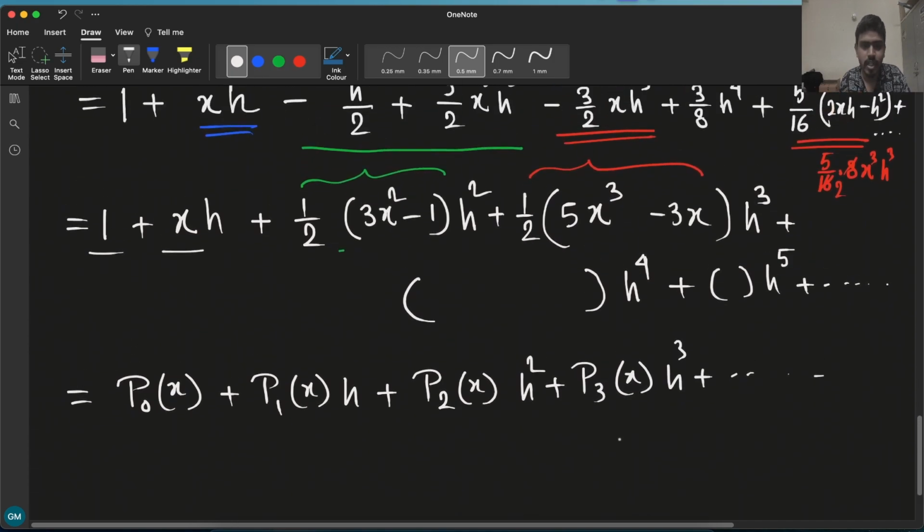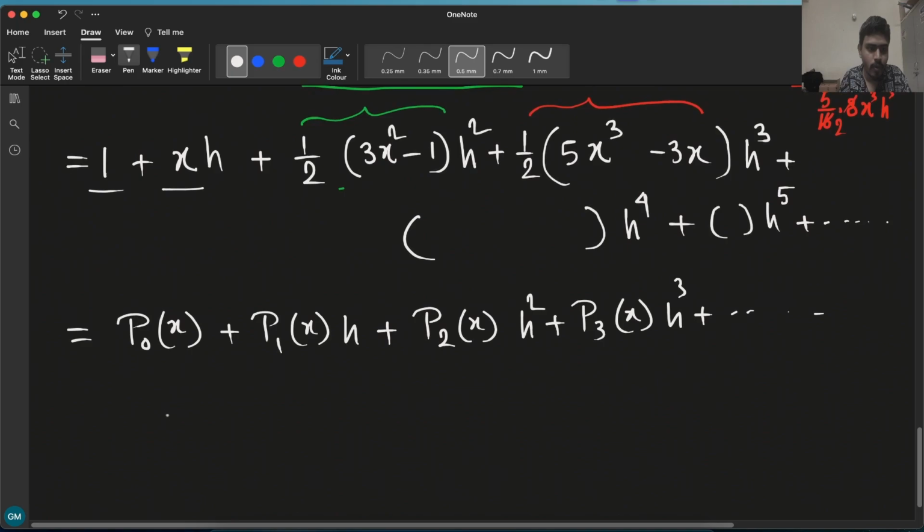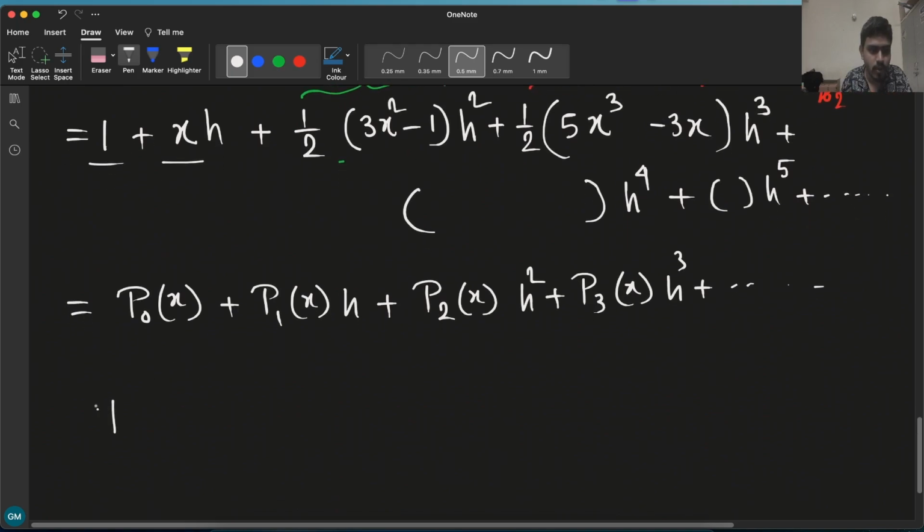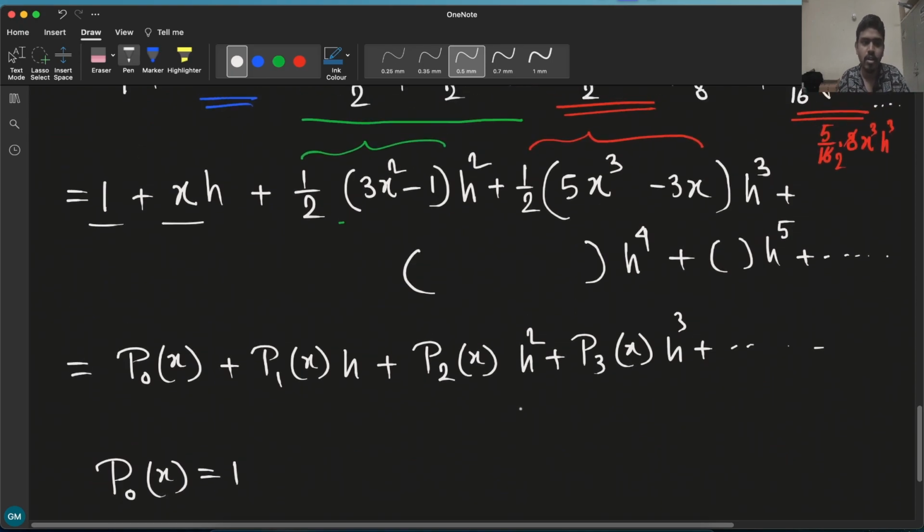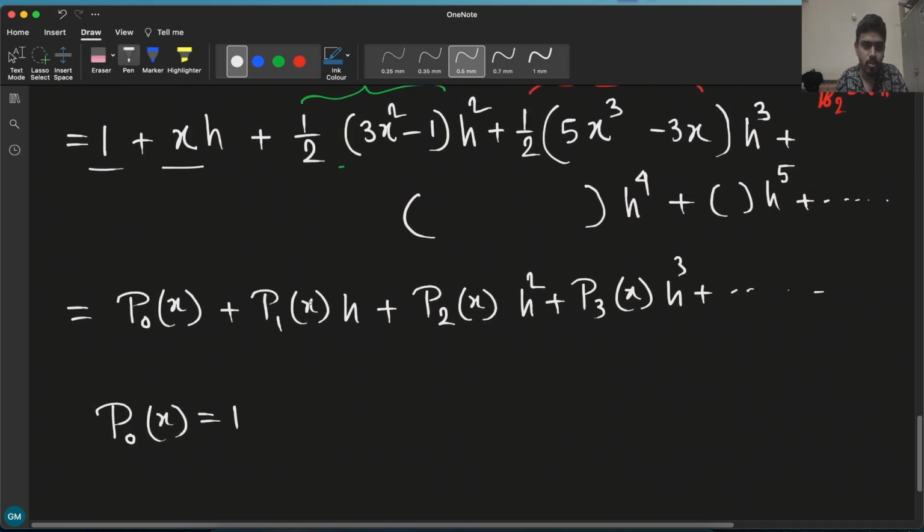So then our p0(x) will be 1. I'm just comparing the coefficient of same powers of h basically. So if I compare the coefficient of h, then it will be p1(x) equals x, right?